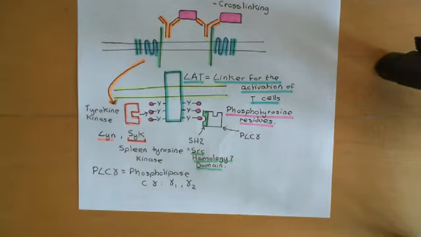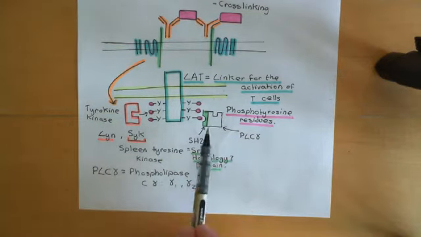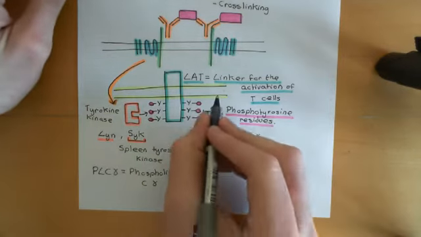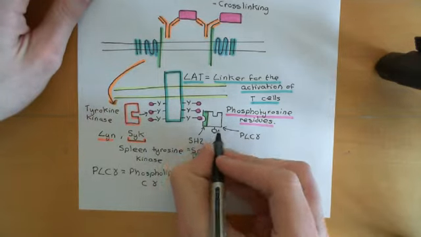Now, what is the substrate for a phospholipase C enzyme? Well, it's phosphatidyl inositol 4,5-bisphosphate, which is present within the phospholipid bilayer. So you brought it up to be close by its substrate, basically. However, to activate phospholipase C gamma, you not only need to bring it up to the underside of the phospholipid bilayer, but you also need to phosphorylate it.